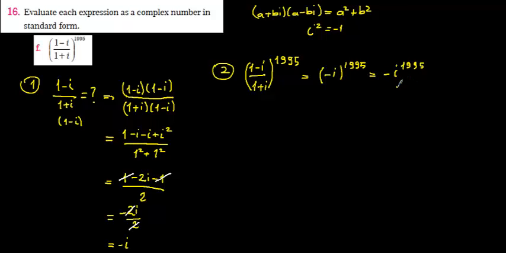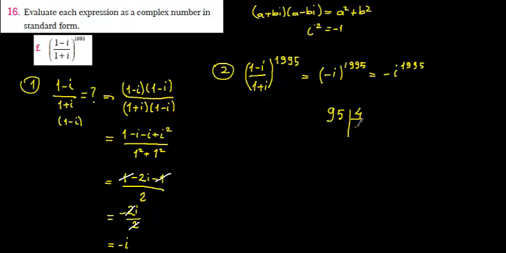Okay, so we should find i to the power of 1995. For this one, we were using the division method. The last two digits of the power, we divide by 4, because of divisibility by 4: if the last two digits are divisible by 4, then the number is divisible by 4, and the remainder is also the remainder of the main number.